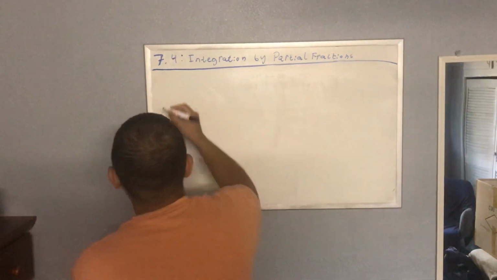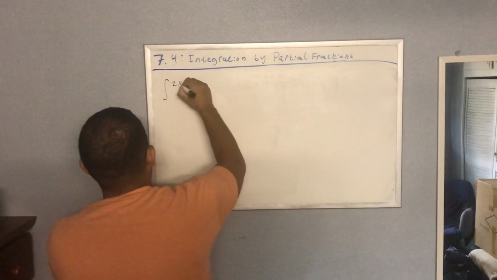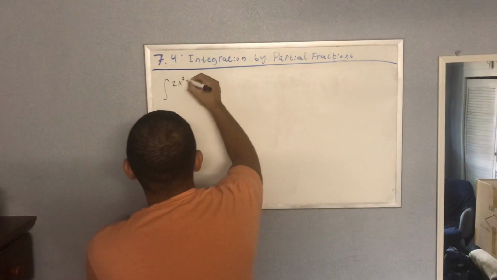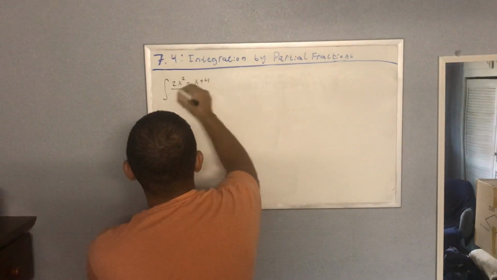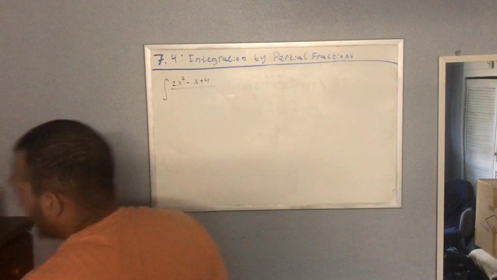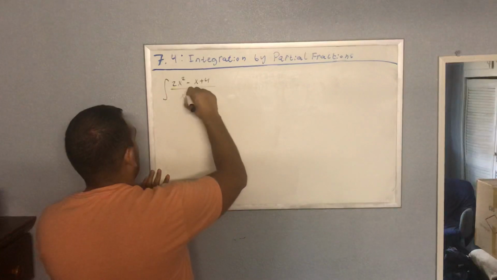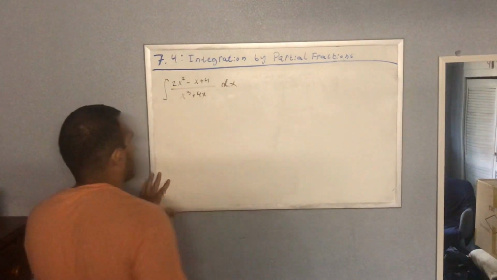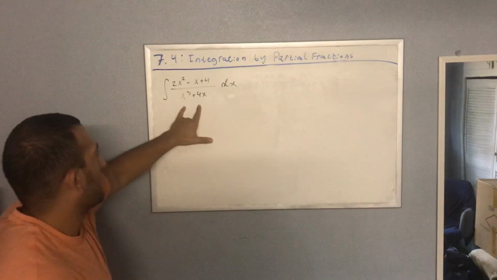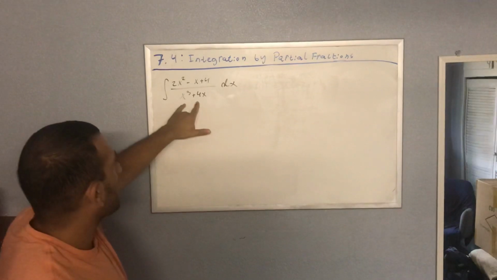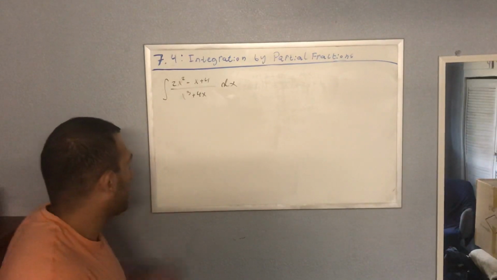So we have the integral of 2x squared minus x plus 4 all over x cubed plus 4x. Step 1 is we always had to make sure that the degree of the bottom is larger than the degree of the top, which in this case it is. This is degree 3, that's degree 2, so we're good.